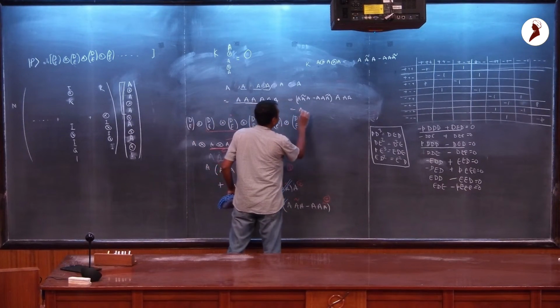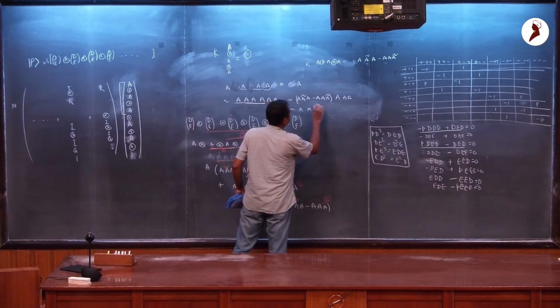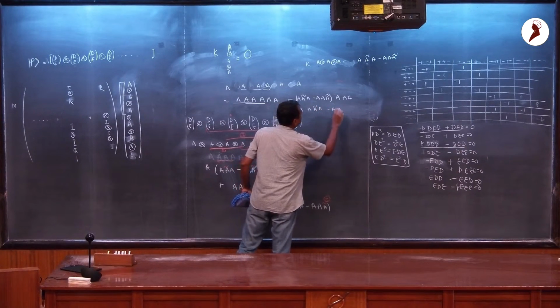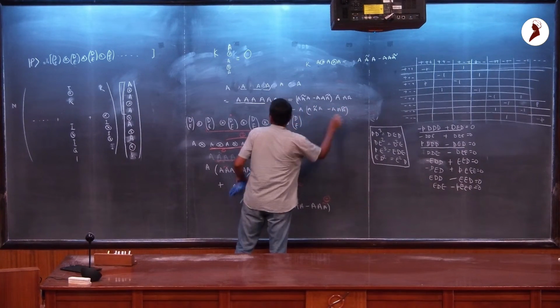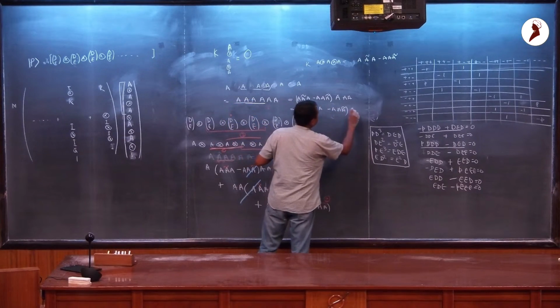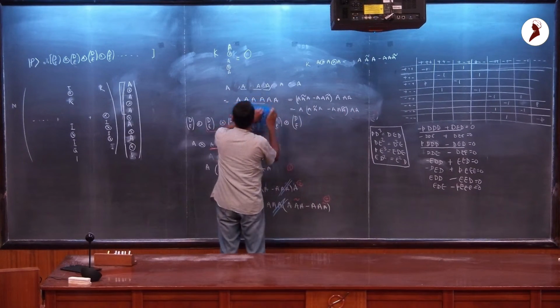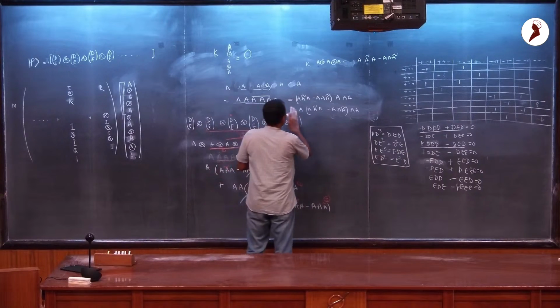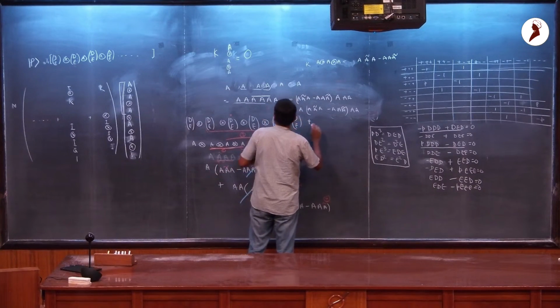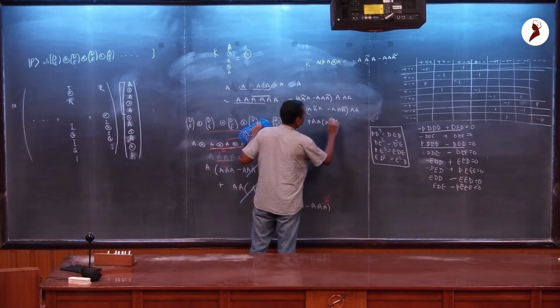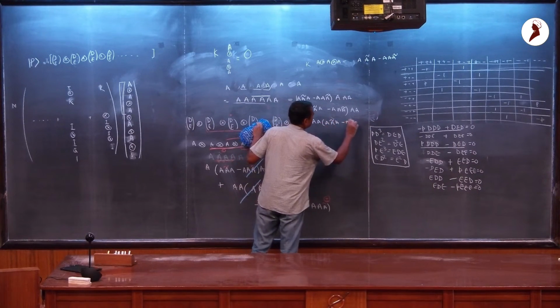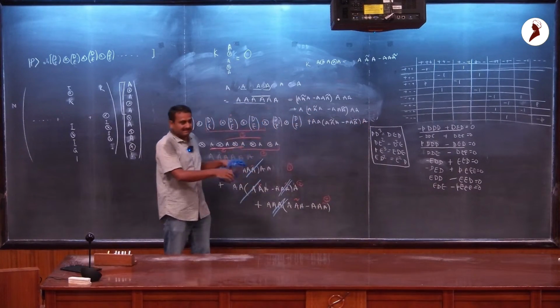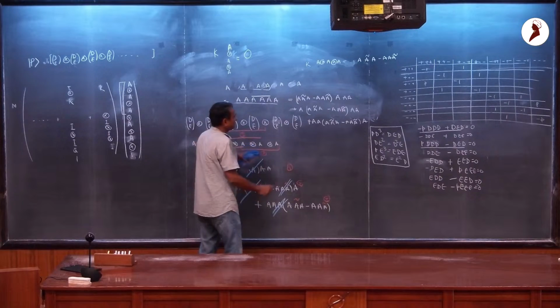So this will be A tilde A minus A tilde. This 3 is gone, and next 2 A's I keep it. Next I will erase that, operate on this 3. So this is plus this, plus the next one will be A and A tilde A minus A tilde, only one A left, like that.